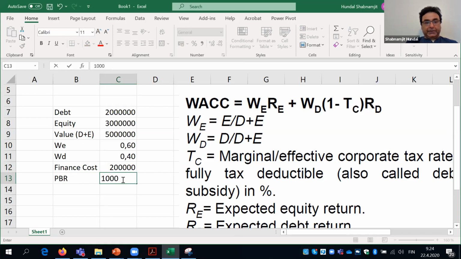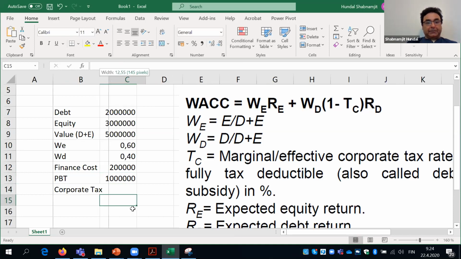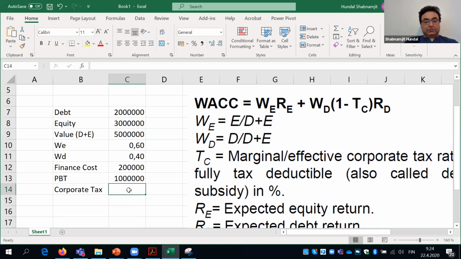And the corporate tax amount the company is paying is 400,000.